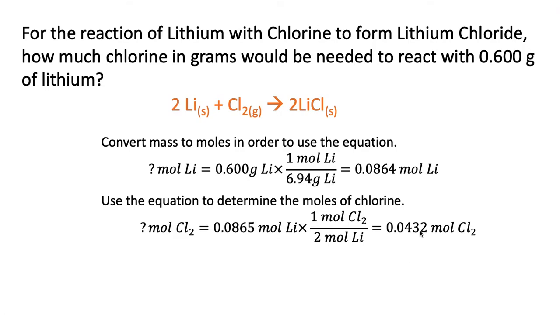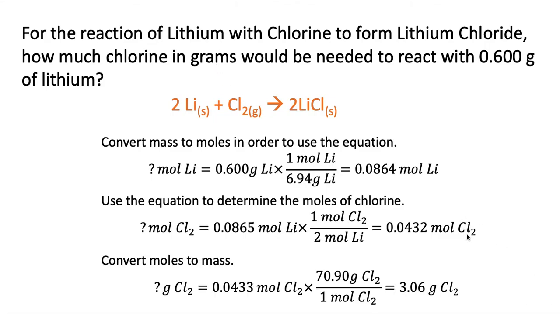The last step then would be to convert this amount of moles of chlorine to grams by using the molar mass of chlorine. I go back here. How many grams of chlorine? That's equal to the moles of chlorine that I just calculated multiplied by, so here's how I set up my conversion factor for the molar mass. I know 1 mole of chlorine weighs 70.9 grams of chlorine.